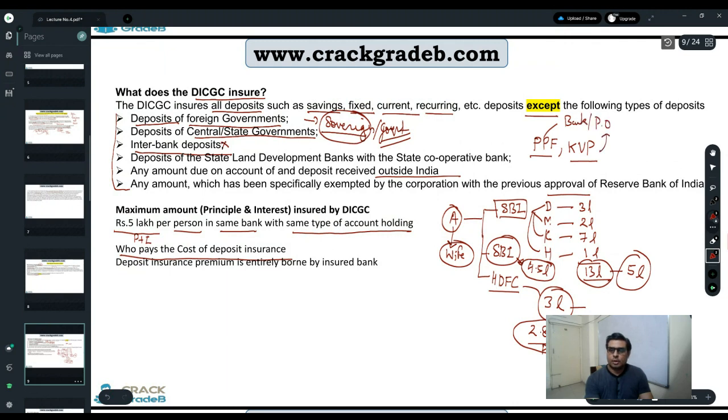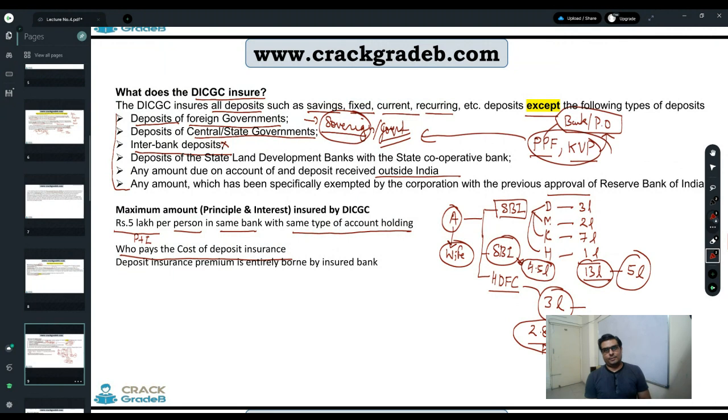So this money will go to whom? This money will go to the government. So that is why it has a sovereign guarantee, and that money is going to be the most safe.